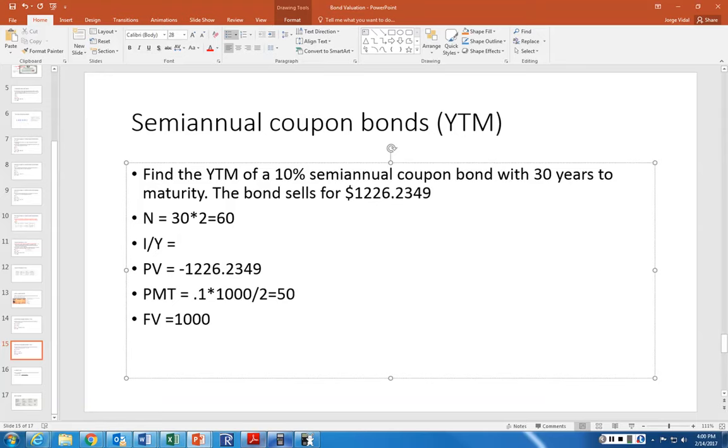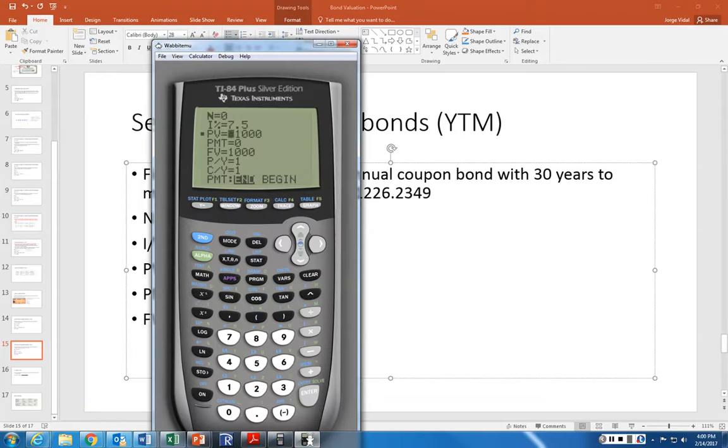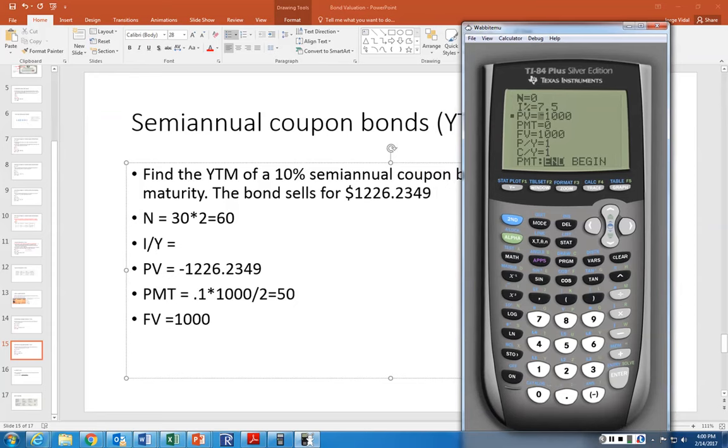So N equals 60, present value negative 1,226.2349, payment is 50, future value 1,000.